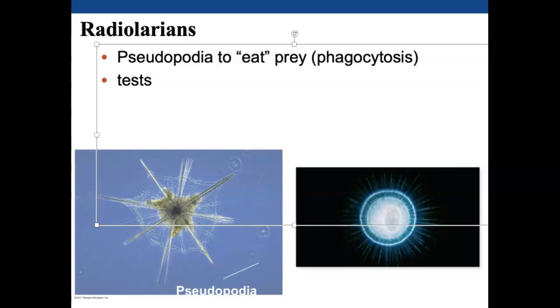Another big feature is that Radiolarians have these, we call them tests or shells that actually wrap around the Radiolarian and act as a form of protection. The shells are made of silica.